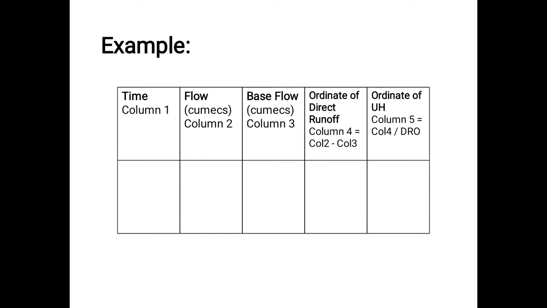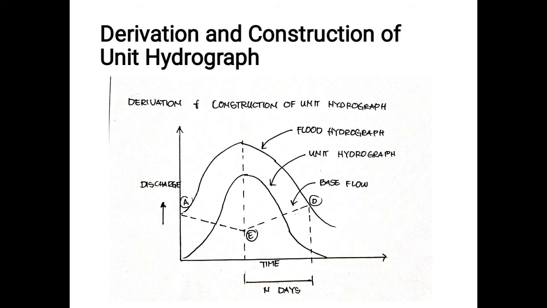And once we get the DRO, we use this to solve for the ordinate of the unit hydrograph, which is in column 5. Column 5 is equal to column 4, the ordinate of direct runoff, over the direct runoff. And once we get all the data, we can use it to construct or plot the unit hydrograph.